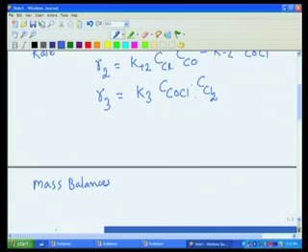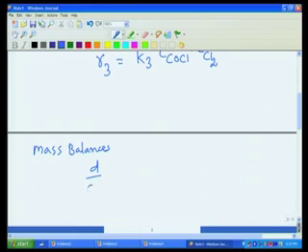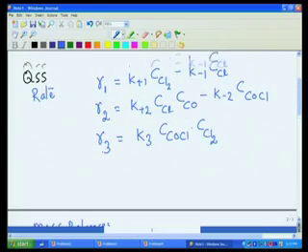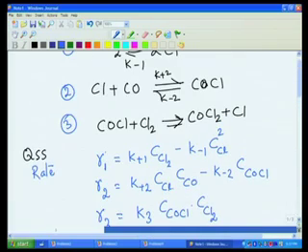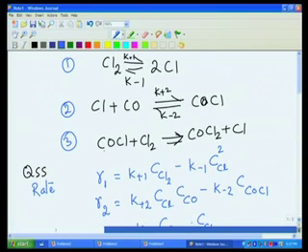So, I will write the mass balance for d dt of CCl, assuming that I have this particular reaction.